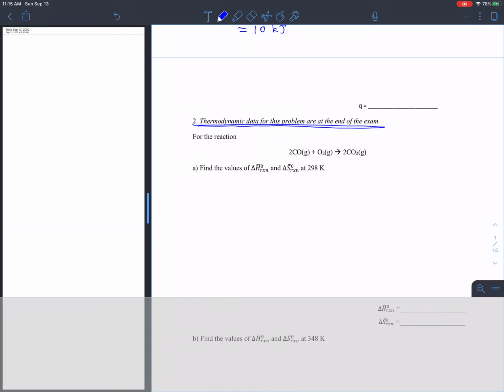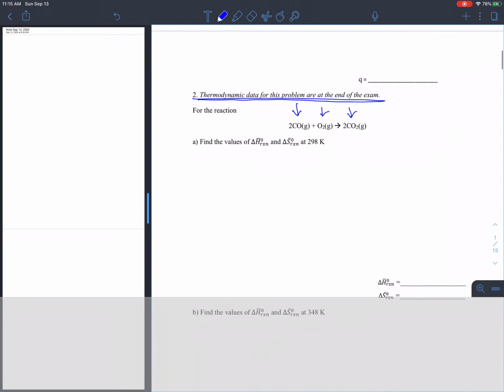All right, so we have a reaction, 2 CO plus O2 goes to 2 CO2. Find the values of delta H reaction and delta S reaction at 298. So what we need are the values from the table.